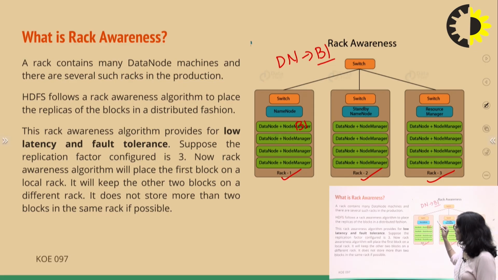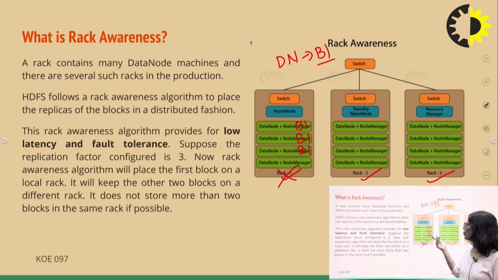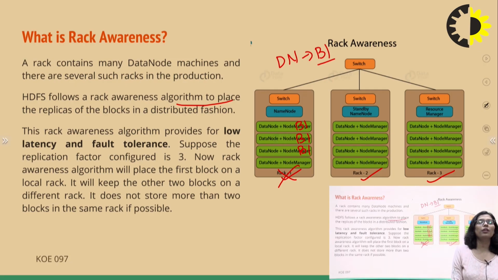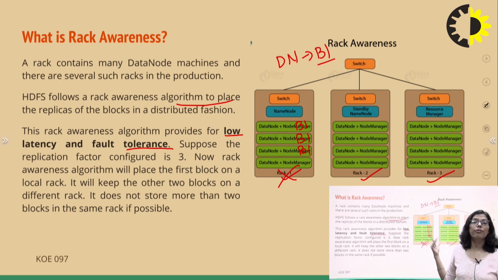If I store all the copies of B1 in the same rack, and suppose this rack fails, all of my blocks will be lost. To prevent that, we distribute these blocks into various racks, so that even if one rack fails, I can get my data from other racks. So HDFS follows a rack awareness algorithm to place the replicas of the blocks in a distributed fashion. The purpose of dividing the blocks into different racks is to ensure low latency and fault tolerance.